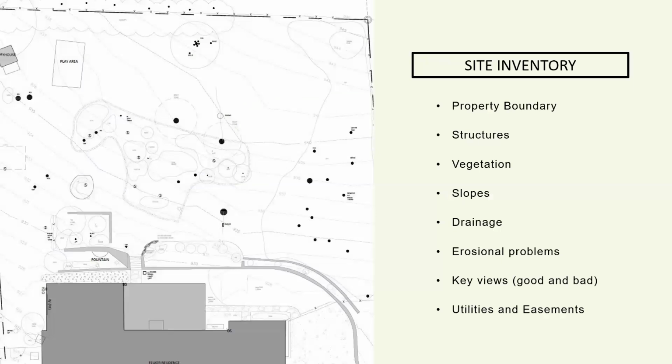So once we gather the base information, our next step is what we call the site inventory. Depending on what we've gathered that already exists, we might have a lot of this data already, and sometimes we don't. Sometimes we come out with a blank sheet of paper and we start measuring the house and go to the fence lines, and it's going to be a case-by-case basis of how intense, how much information you need.